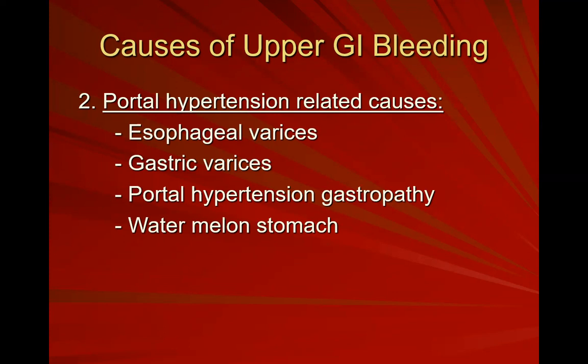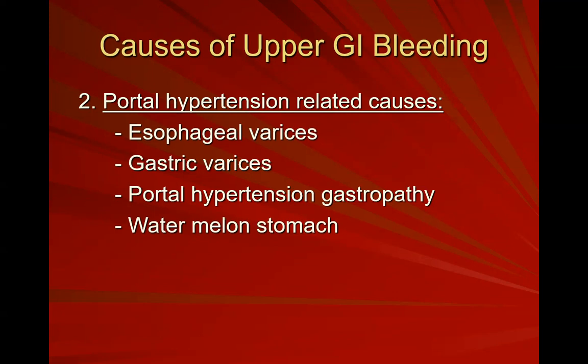The portal vein is a continuation of the superior mesenteric vein and the splenic vein, and this goes into the liver. If there is high pressure inside the liver, especially in cases of liver cirrhosis, then the blood will not be able to pass through the liver.